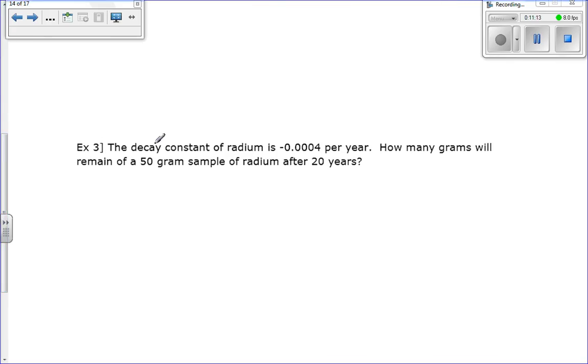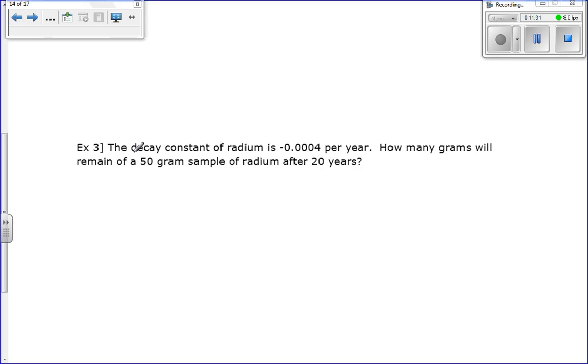And number 3, the decay constant of radium is negative 0.0004 per year. How many grams will remain of a 50-gram sample of radium after 20 years?